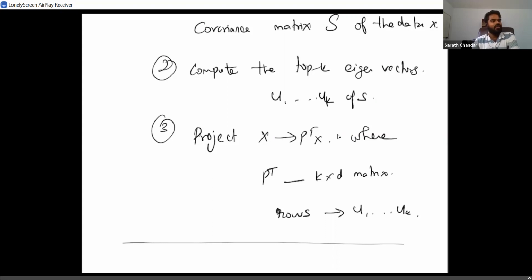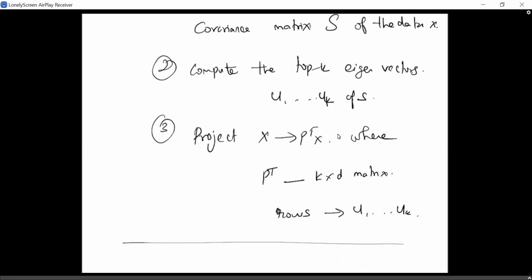I have to think a bit about the computational benefits. But even here, you're doing an eigenvalue decomposition.